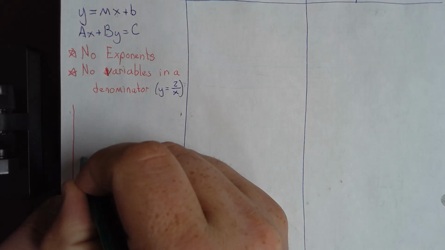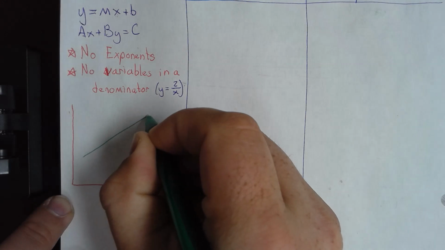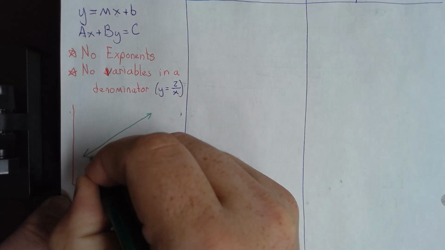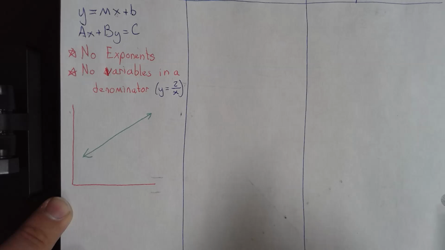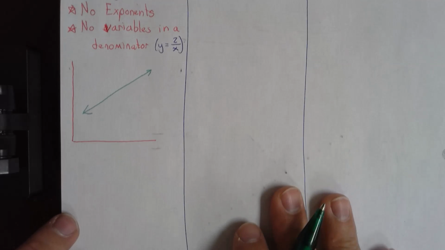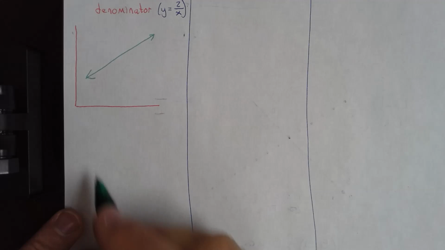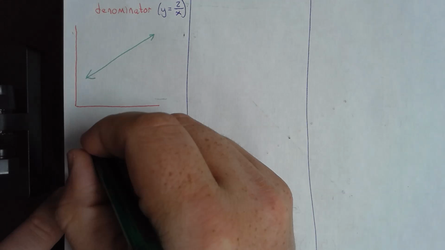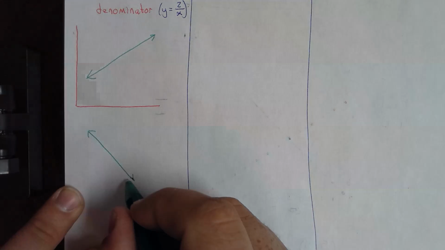Those can be slanting up, they can slant down, they can be straight across. Anytime we have a straight line, that is a linear equation.